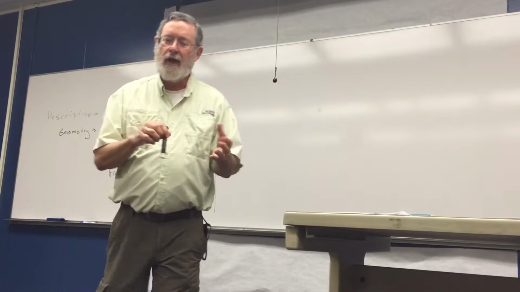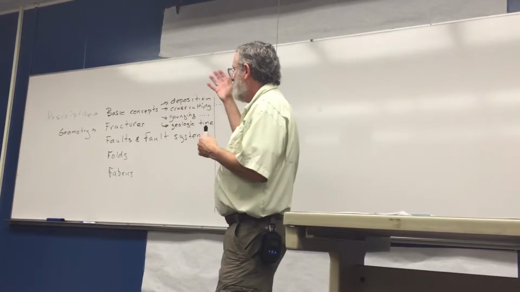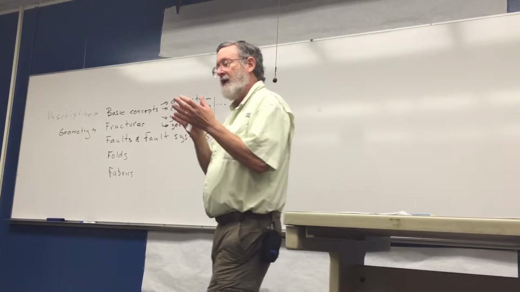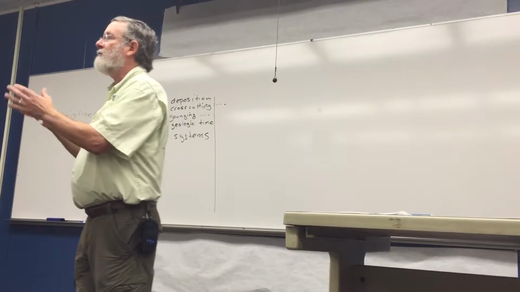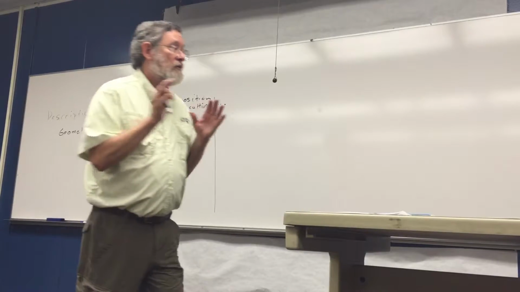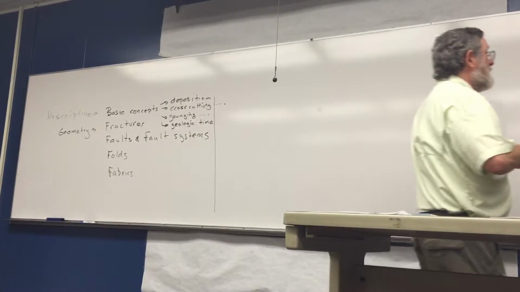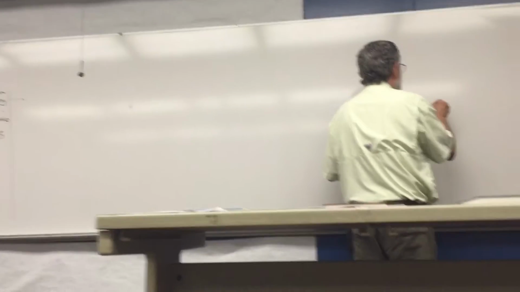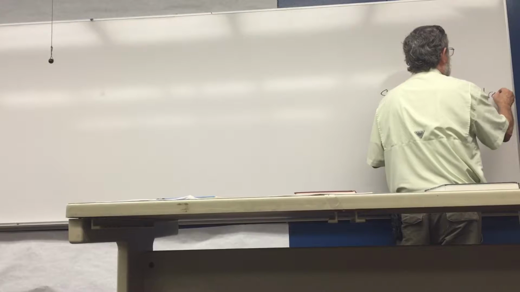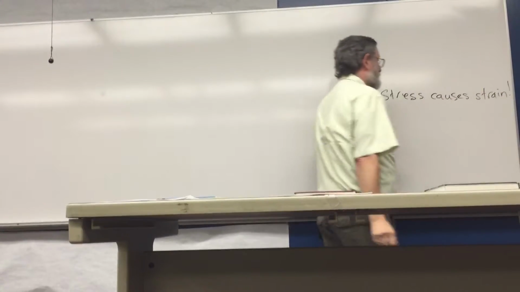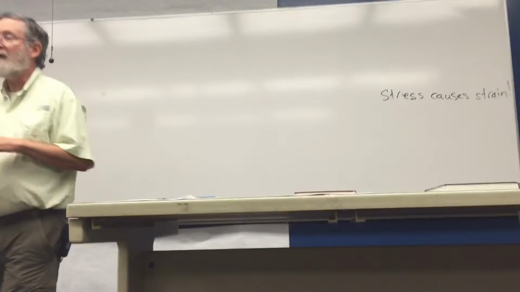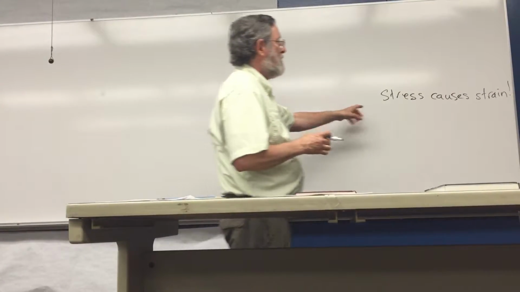What we want to do now is step away from the purely geometric. We want to begin to try to understand how do these systems actually behave? How do they form? Because if you recall from the beginning of class, we wrote this equation that stress causes strain. And so we need to begin to understand what this really means.